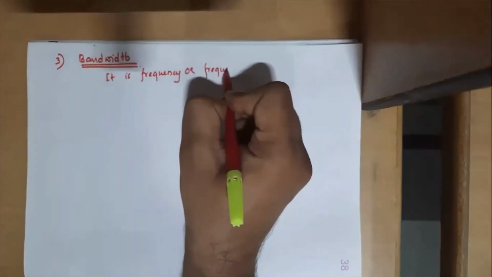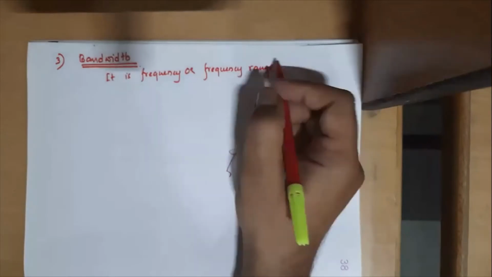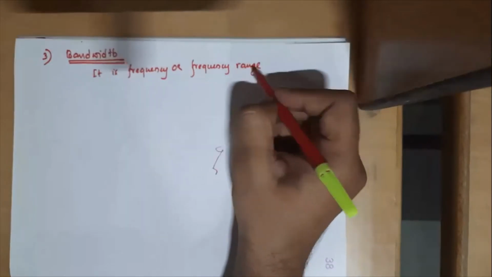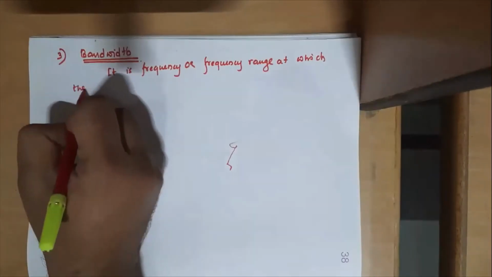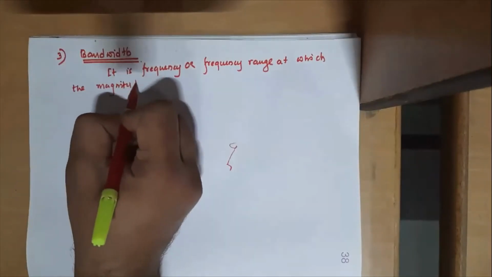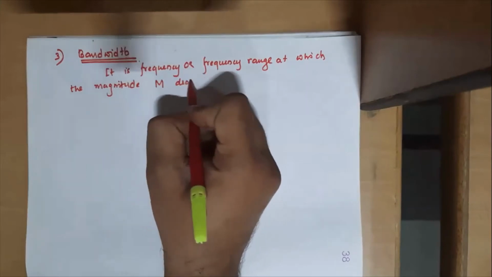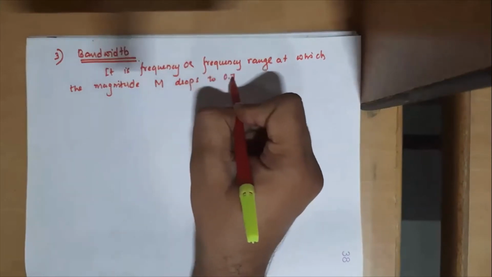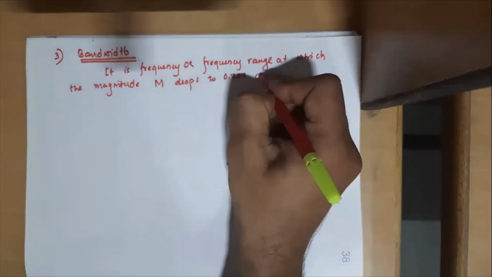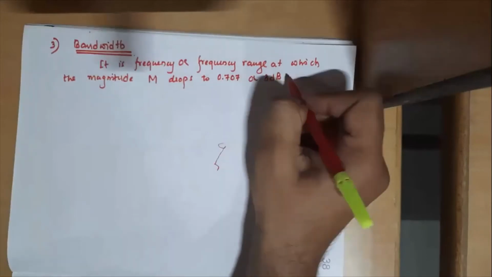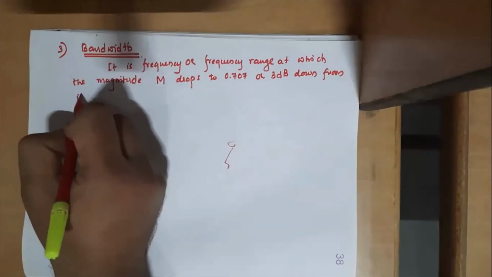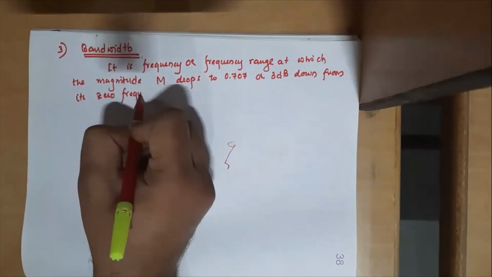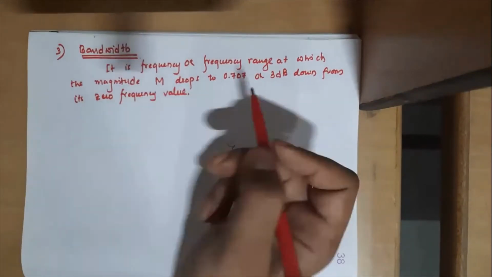So bandwidth is defined as the frequency or frequency range. Okay, it is also called as range in some other context, at which the magnitude M drops down to 0.707 or 3 dB from its zero frequency value.